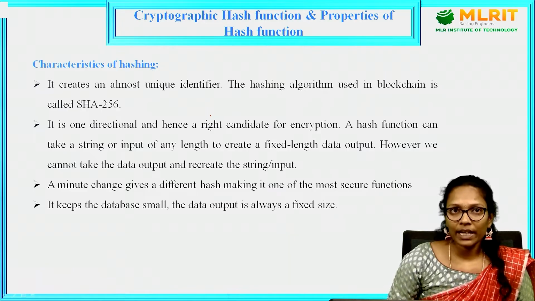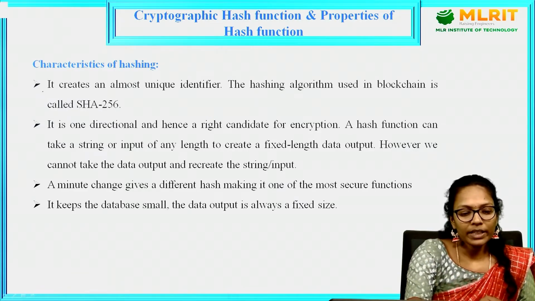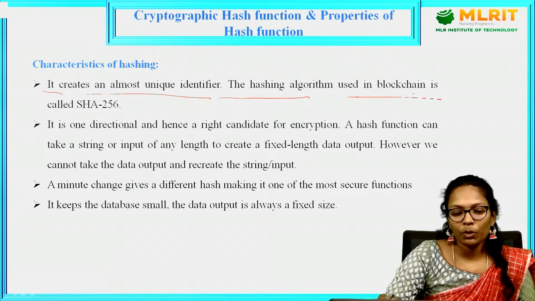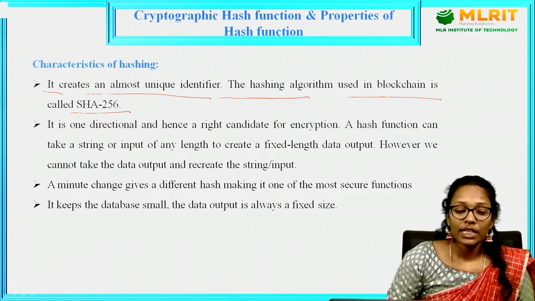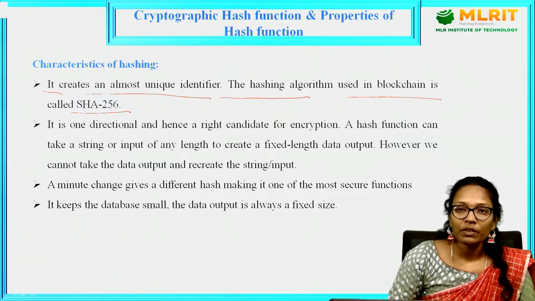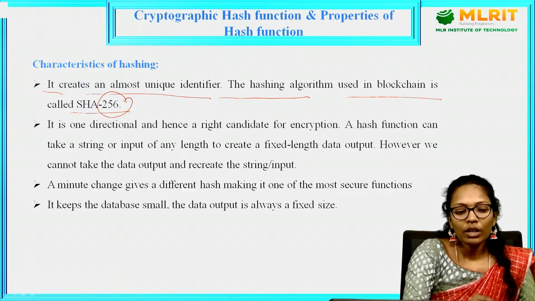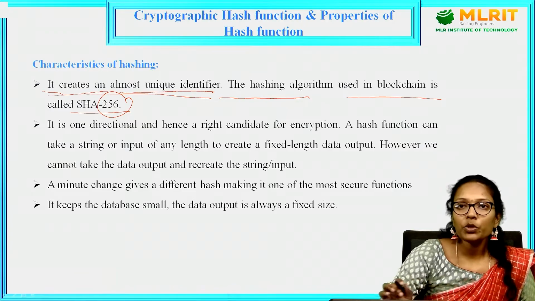And what are the different characteristics of a hashing function? It creates an almost unique identifier. The hashing algorithm used in blockchain is SHA-256, the Secure Hashing Algorithm, which generates 256 bits as output.